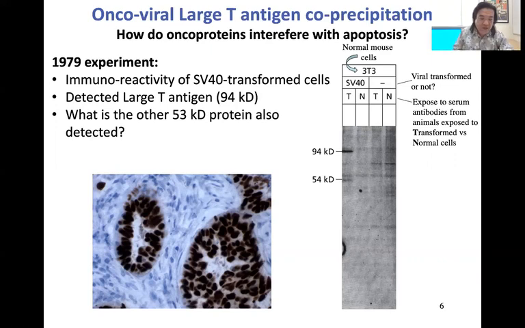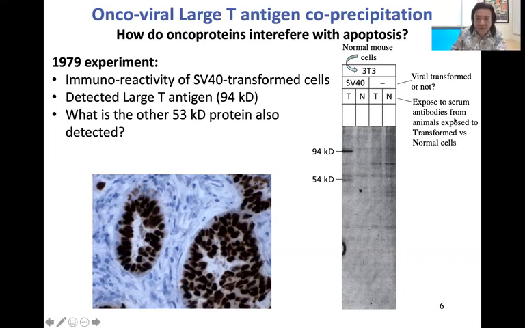As people were researching it, some groups were looking at things like the SV40 large T antigen, which we already learned is one of these proteins made by certain tumor-causing viral genomes that contribute to the transformation of cells.